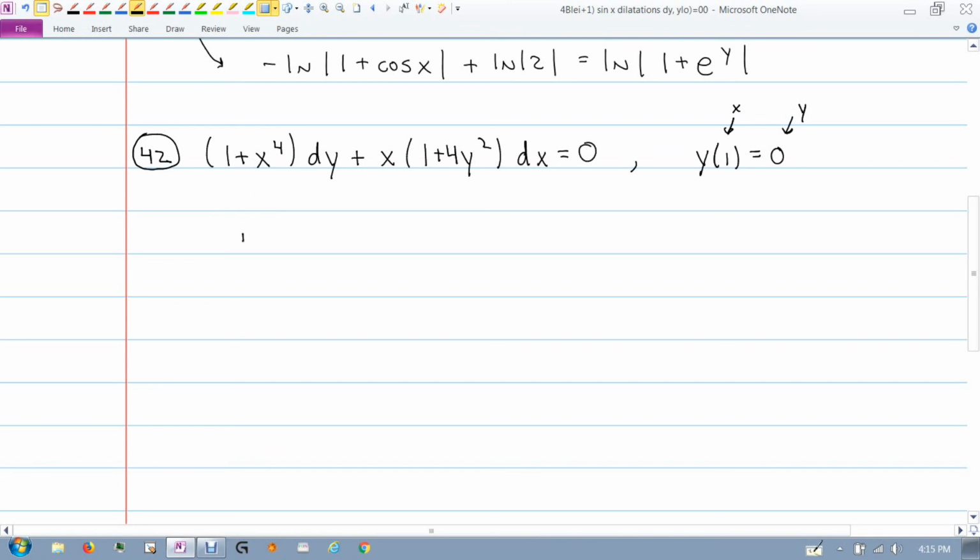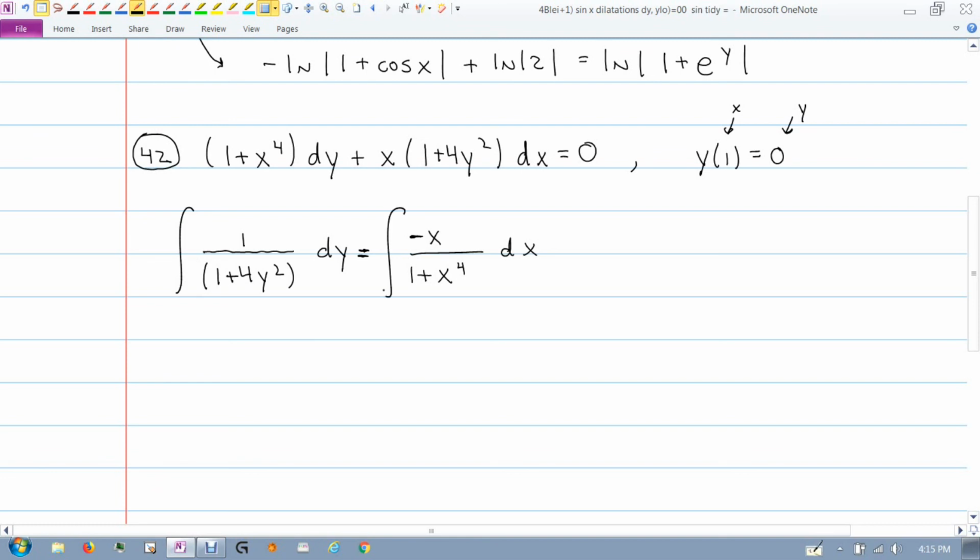And what we would get is 1 over 1 plus 4y squared dy plus x over 1 plus x to the 4th dx equals 0. And I'll do what I've done before. I'll just kind of cheat here and move one of these to the other side, so I'll make that a negative x up there. And now I go ahead and I integrate this.